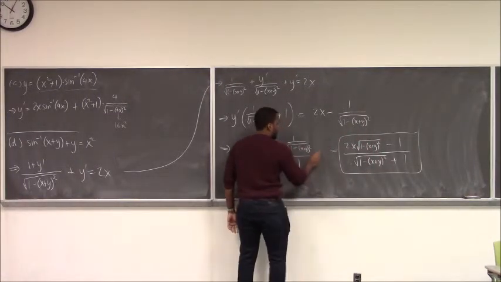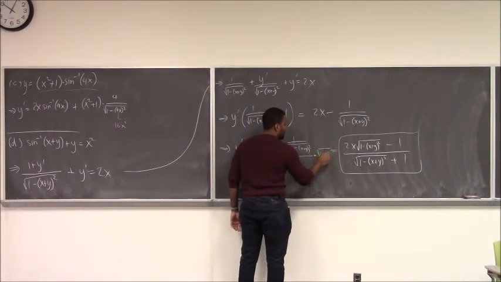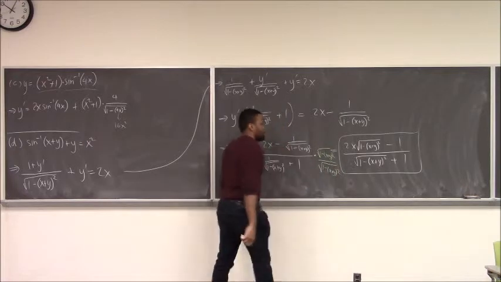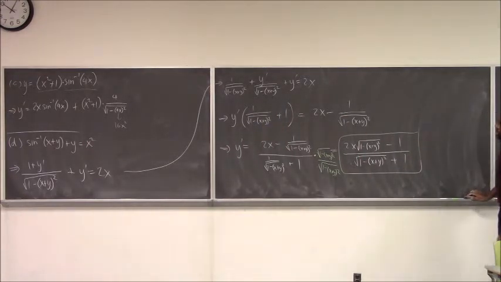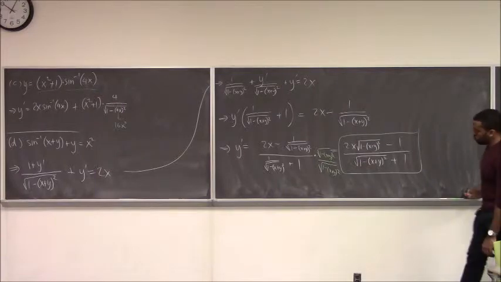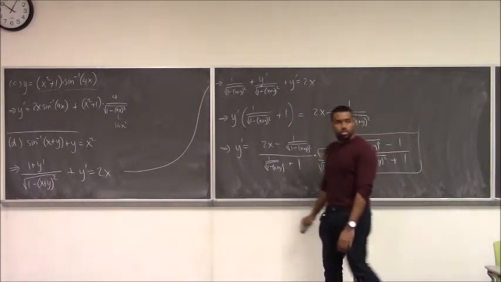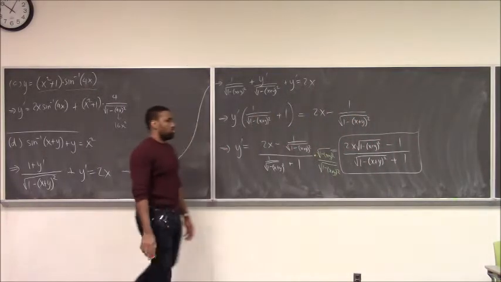I just multiply and divide this by (1 minus x plus y) whole squared. Any questions on this?